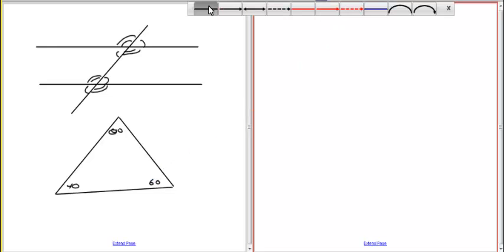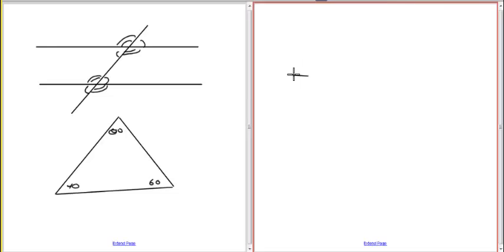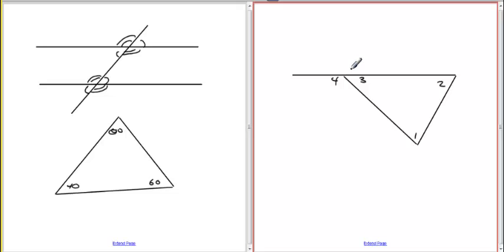And then you have the case of the external angle of a triangle. So here's another triangle. Let's call these angle 1, angle 2, angle 3, angle 4. What we see here is a straight line with a ray going off of it.